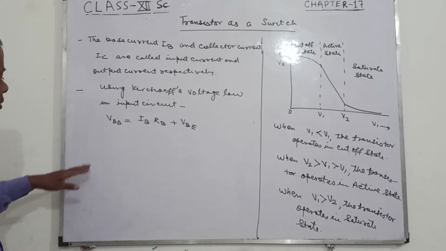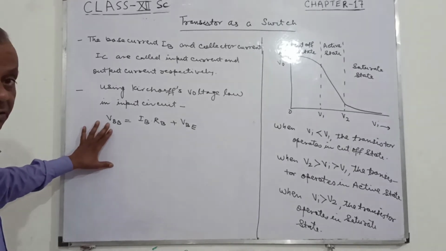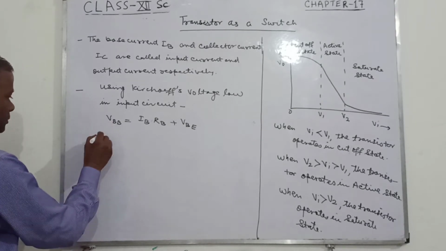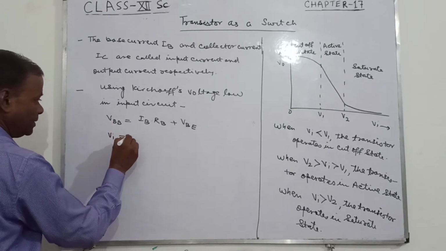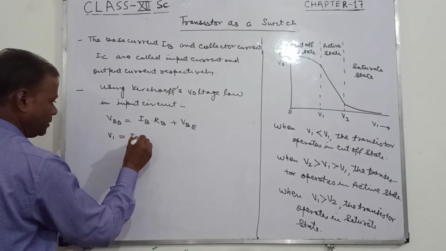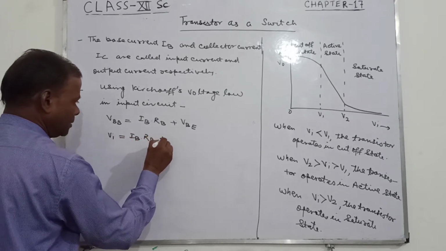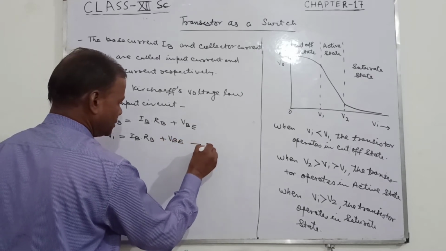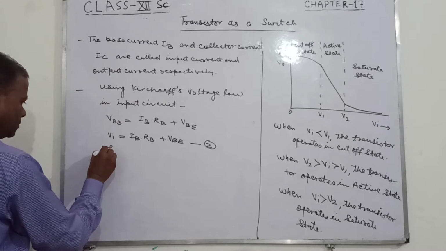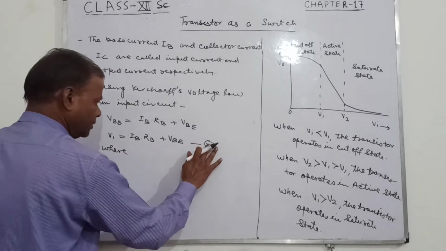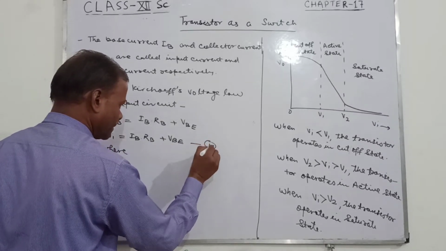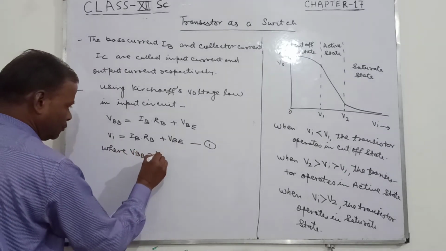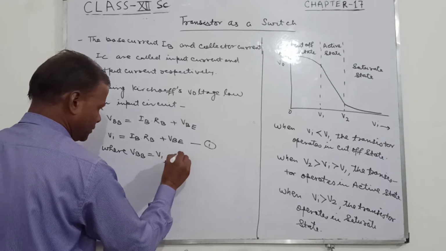And since the input has been applied on this VBB, it is equal to the input. Now this input VI is equal to IB into RB plus VBE. This is equation number 2, where, in equation number 1, VBB equal to VI, the input voltage.